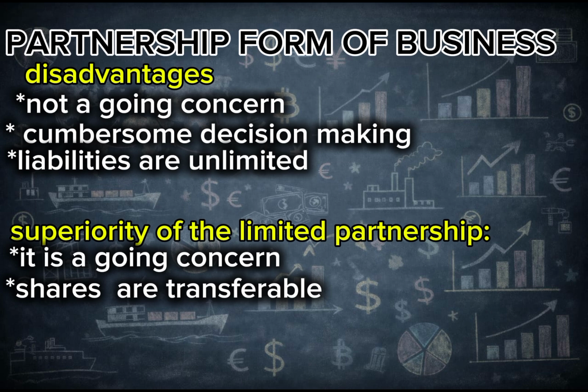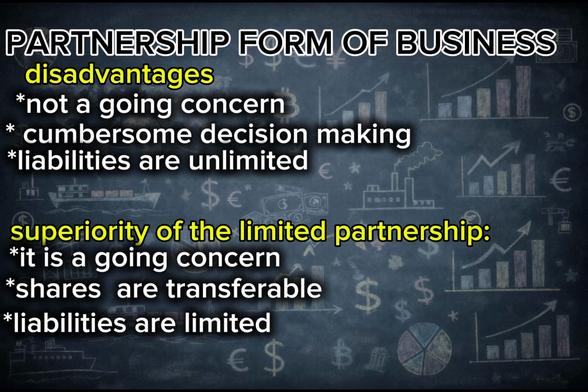That is, if the partnership suffers any debt or liability, the partners will pay for it with their personal wealth, except such a partner is a limited partner. The partnership business can always get a liability insurance cover to cover any liability they may incur in the course of the partnership.